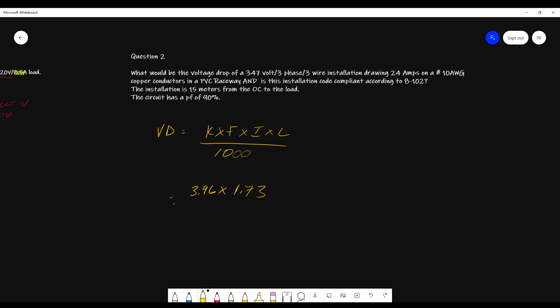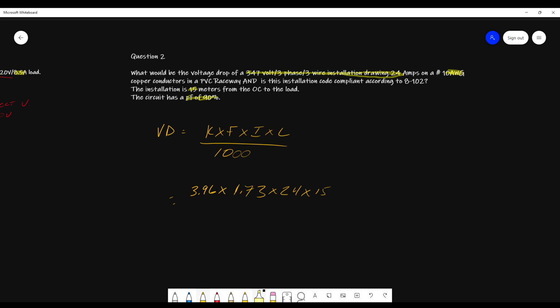Okay. Times the current. We're saying it's going to be 24 amp load that's drawing on this circuit, and the length of it in meters is 15. Okay, so just highlight that. 15's come from here. Here's the circuit characteristics. So number 10. Okay, and we said it was a power factor of 90%.